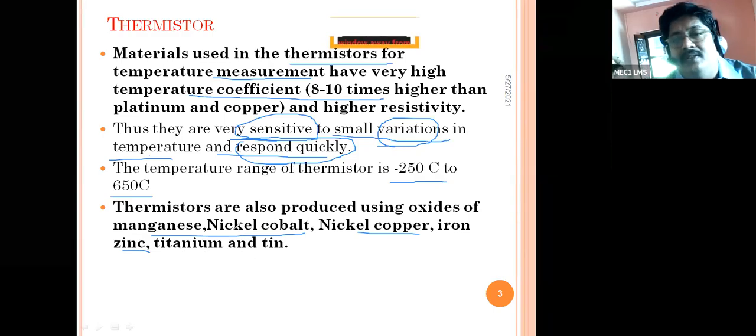These are alloys, which we did not discuss in the previous case: nickel cobalt alloy, nickel copper, iron zinc, and titanium tin. These are the materials used to produce a thermistor.